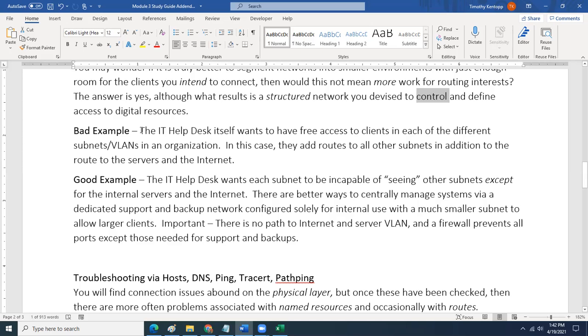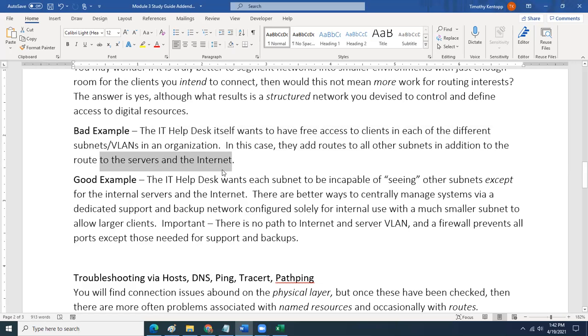Now, get firewalls in the middle of this and it gets even worse. Here's a bad example. The IT help desk itself wants to have free access to clients at each of the different subnets and VLANs in an organization. In this case, they add routes to all other subnets in addition to the route to the servers and the internet. These are the routes that matter to the servers and the internet.